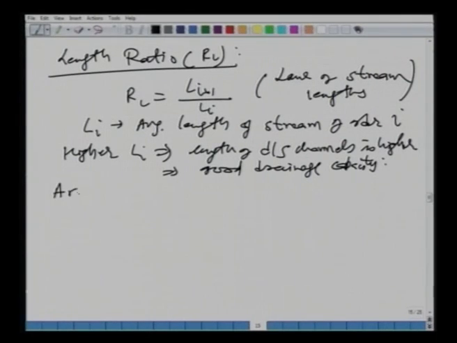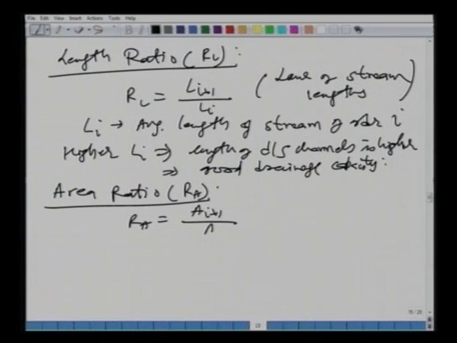The next parameter is the area ratio, which we would define as RA, and RA is given as Ai plus 1 over Ai. And what is Ai?